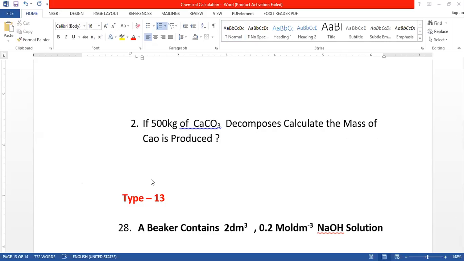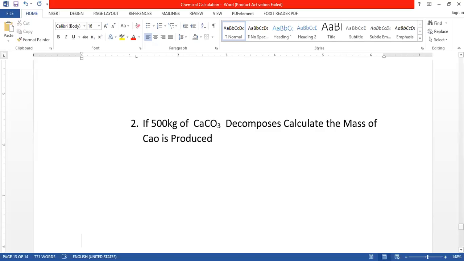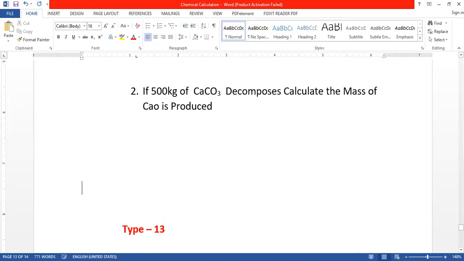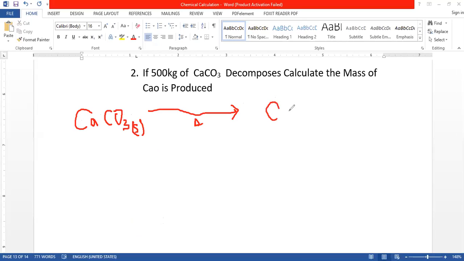Now, look at this screen. If I write the chemical equation related to calcium carbonate, CaCO3, solid, when heated it becomes calcium oxide and carbon dioxide.